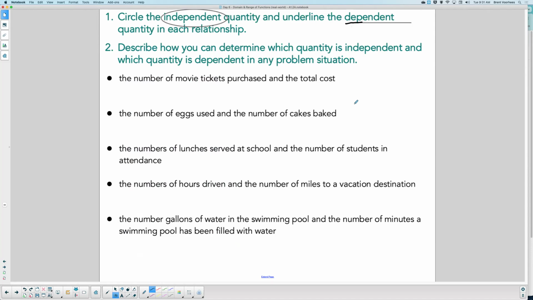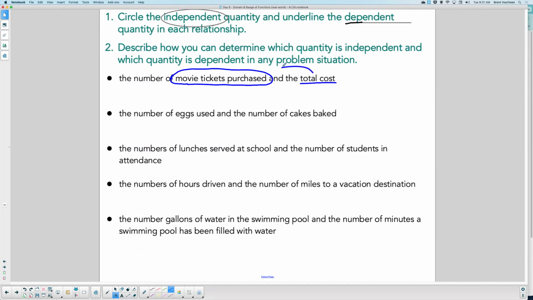What would happen first in order if you're going to the movies? Would you say, hey, here's $20? Or would you say, I want this many tickets? What happens first? You want this many tickets, so we circle that up. The movie tickets purchased, circle that up. That's what happens first. And so what depends upon the movie tickets purchased? The cost. You underline that.